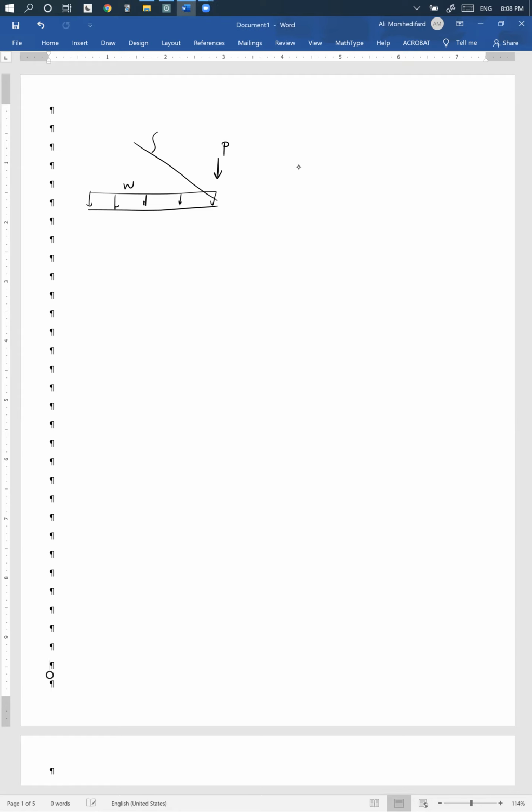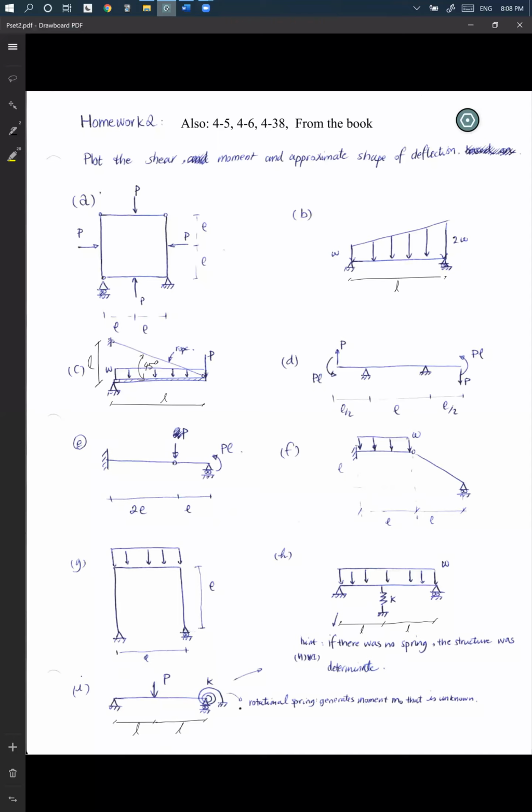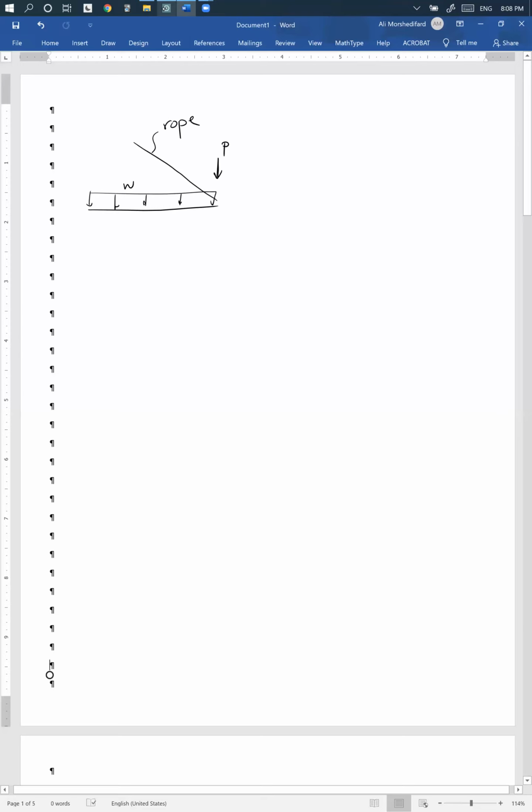So you see, this is a rope, right? So I'm gonna be following the methods that I've written on my notes, right? So I had 3 methods of doing business when it comes to shear and moment diagrams, right?